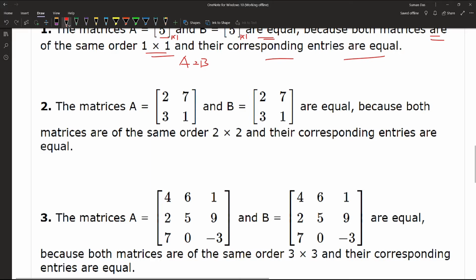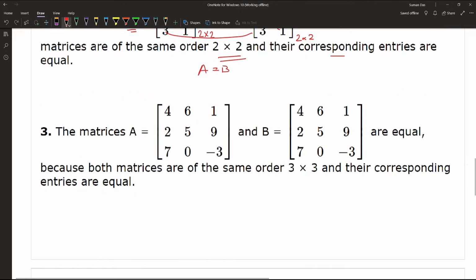For the second example, we can also check that both matrices are of order 2 cross 2 and the corresponding elements according to position have the same value. So here also A is equal to B.